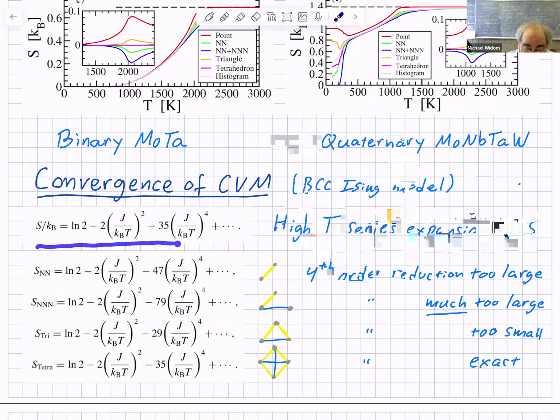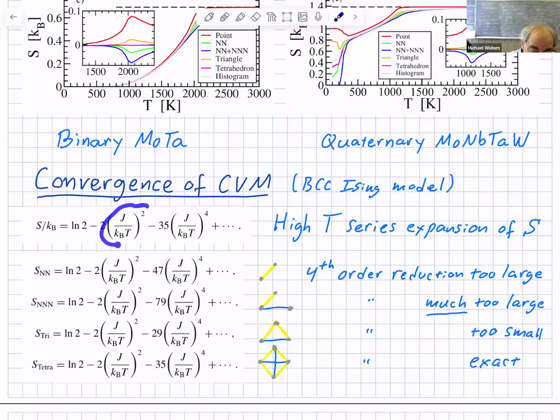And here are the first 3 terms in the expansion of the exact entropy in powers of coupling constant over KT. Okay, so J over KT to the 0, to the 2, to the 4, and so on. So we have log 2 minus twice the quadratic term, minus 35 times the 4th order term.